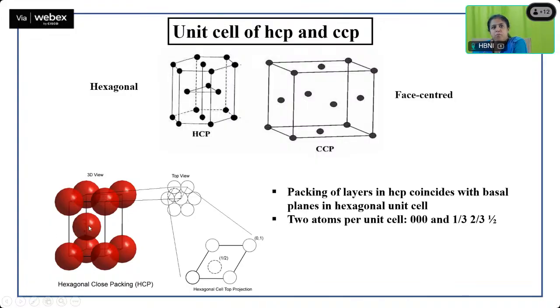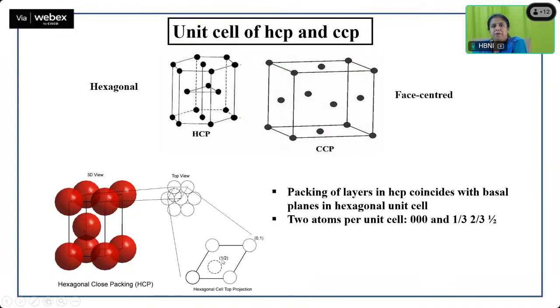But if you make an impression of this lattice point on the XY plane, like let's say, hypothetically, you put a hand on this red ball and push it down to the bottom plane, it will occupy this position, okay? If you carefully see it, it is ultimately lying on top of a triangular interstice.